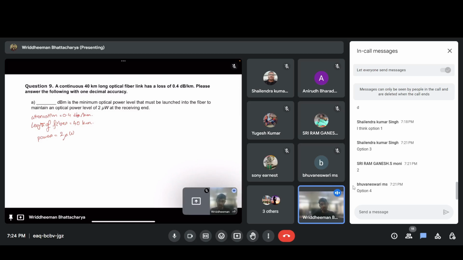As dB is given, we have to convert the microwatt into dB, which will be approximately minus 26.9 dBm.